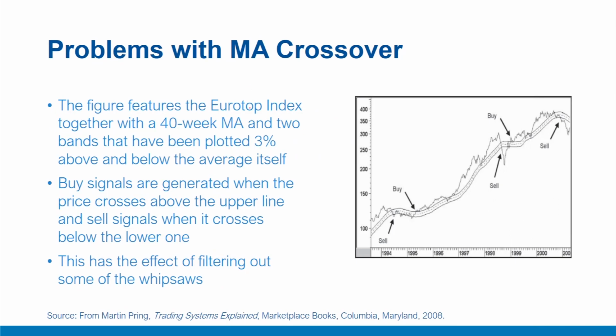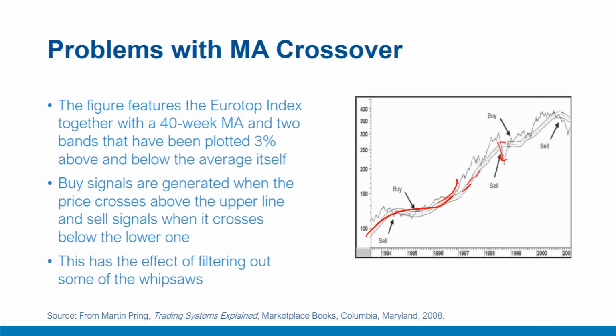The figure here features the Eurotip index with a 40-week MA, and two bands that have been plotted at 3% above and below. So the two bands are there, below and above the average itself. Buy signals are generated when the price crosses above the upper line, and sell signals are generated when it crosses below.